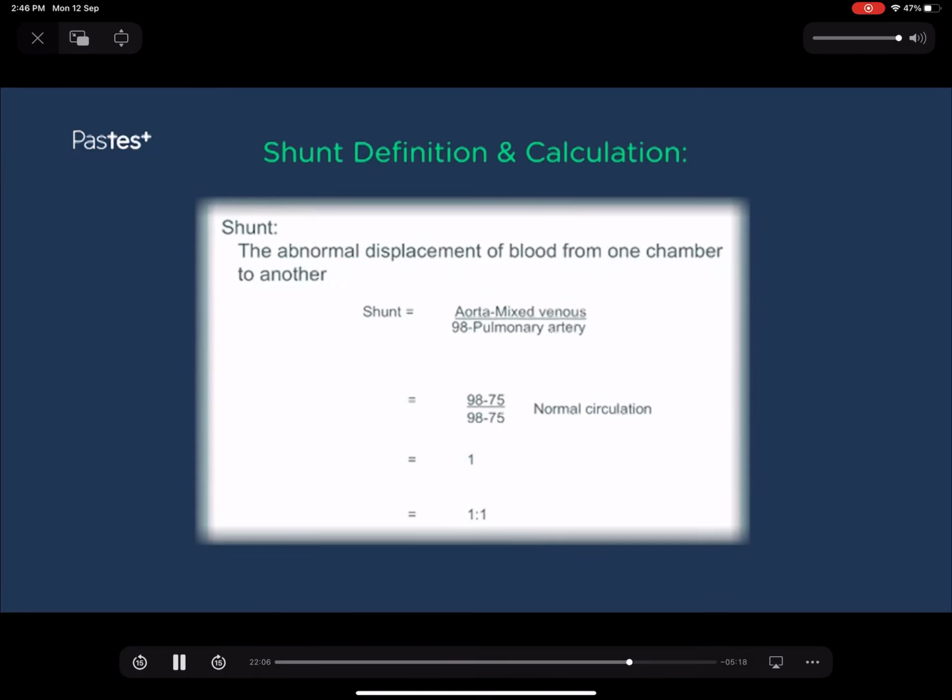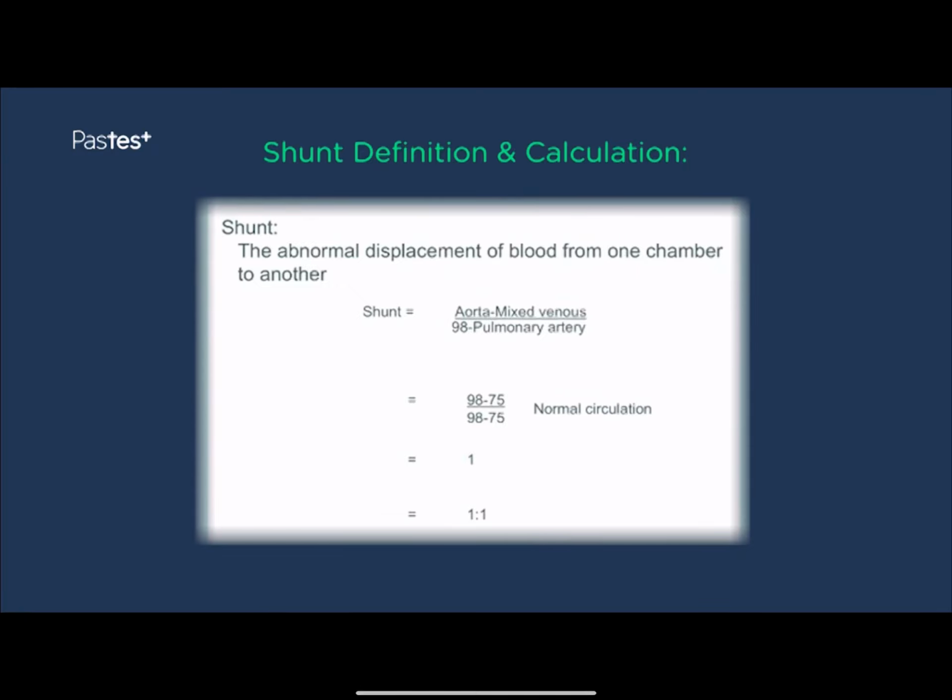When we do this simple algebra in this equation, we get a value of 1.6, which gives us a shunt ratio of 1.6 to 1. So here we can see, by knowing the saturations in the different chambers of the heart, it's possible to calculate a shunt ratio, which gives us a quantifiable measure of the amount of blood which is moving from one side of the heart to the other in this patient with an atrial septal defect.